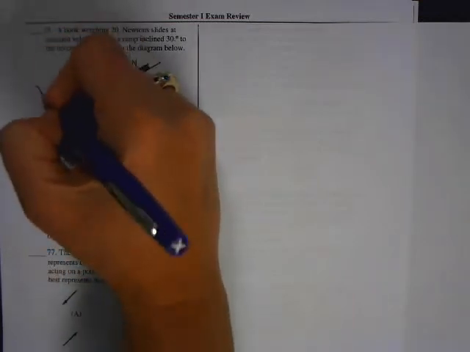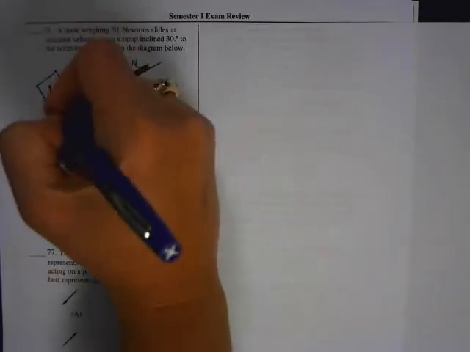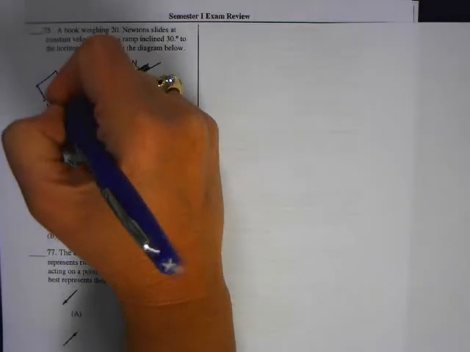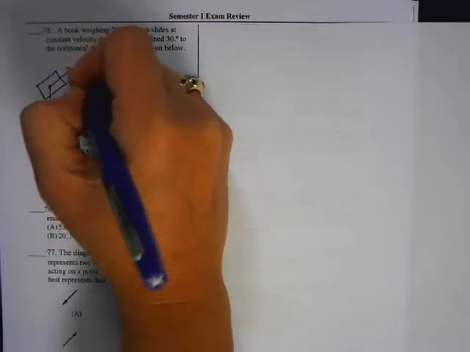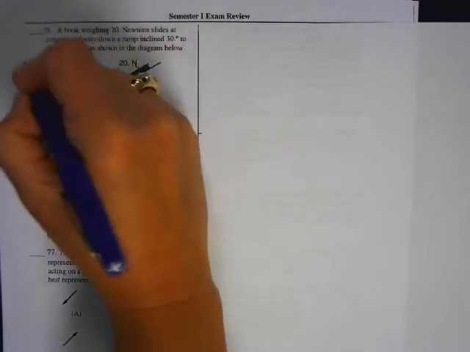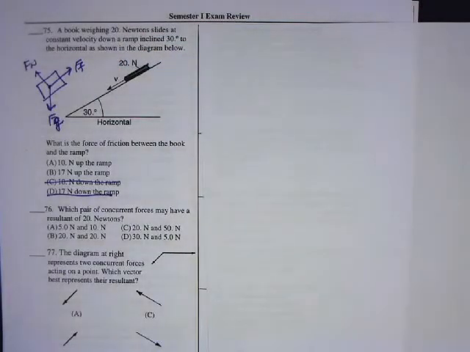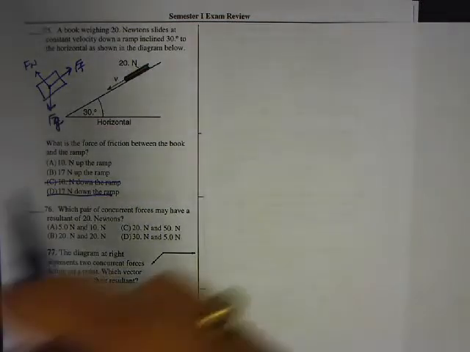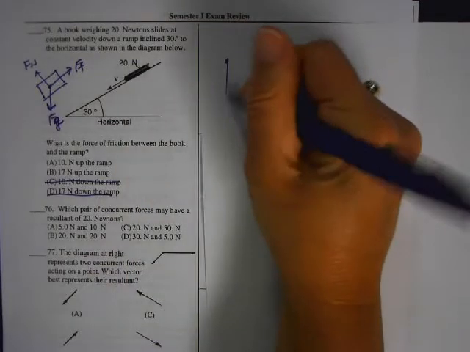Now, if I drew a free body diagram for my book, remember my weight goes down, my frictional force goes opposite the motion, and my normal force acts perpendicular to the surfaces in contact. But when I sum my forces, everything has to be perpendicular and parallel to the surfaces in contact. So I would have to break my weight up into its components.